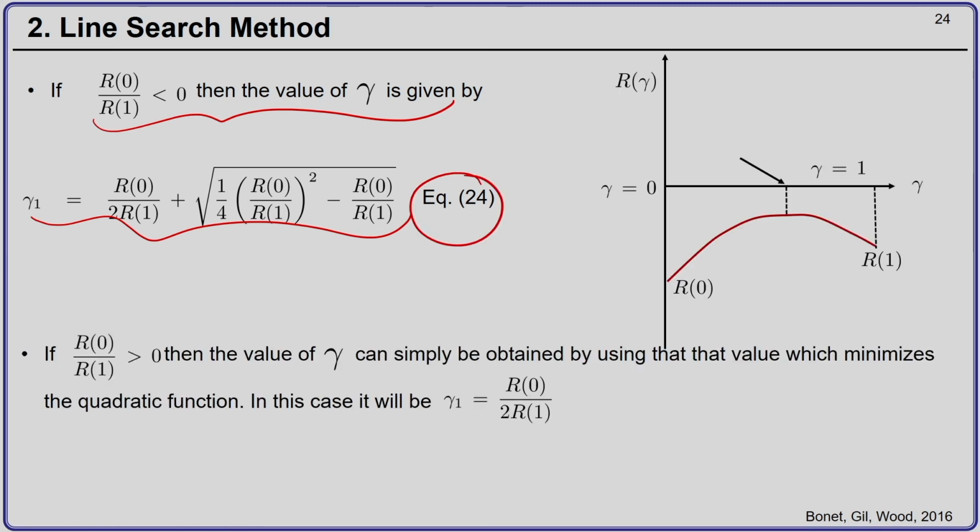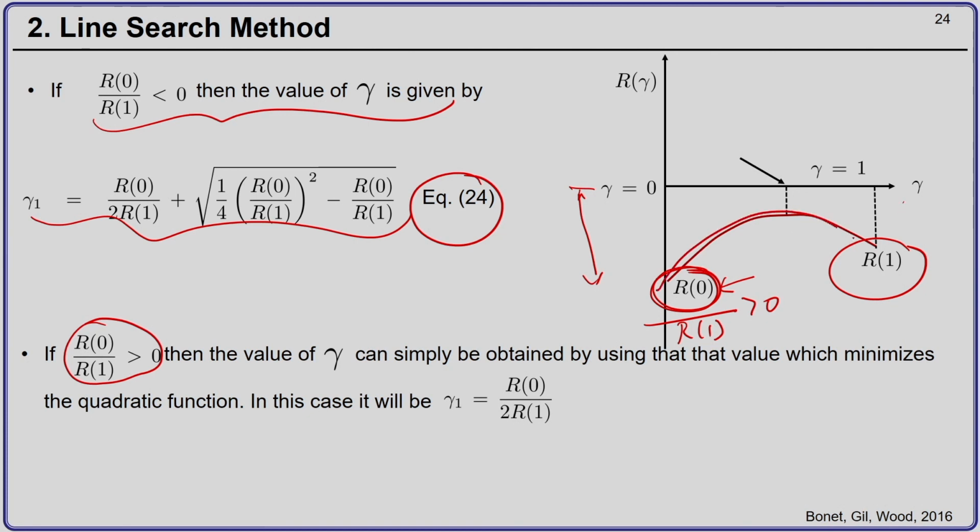Okay. However, if your R 0 by R 1 is greater than 0, that is, the residual strain energy at gamma 0 divided by the residual strain energy at gamma 1, if the ratio is more than 0, which means R 1 is less than R 0, then you will have a curve something like this.